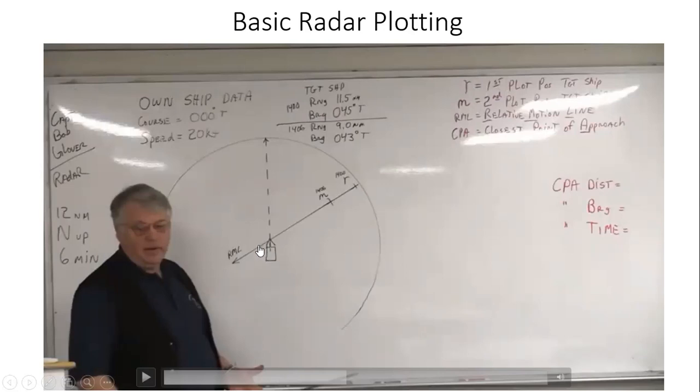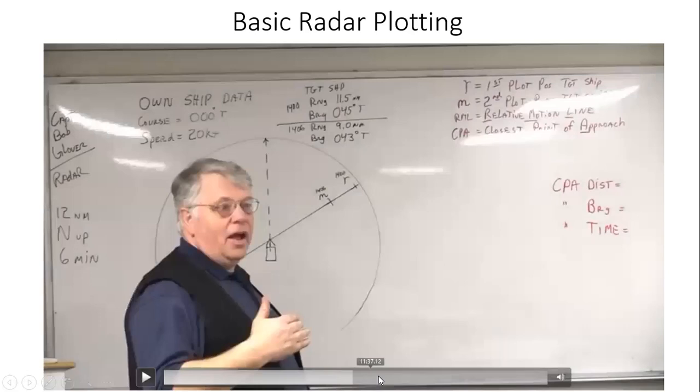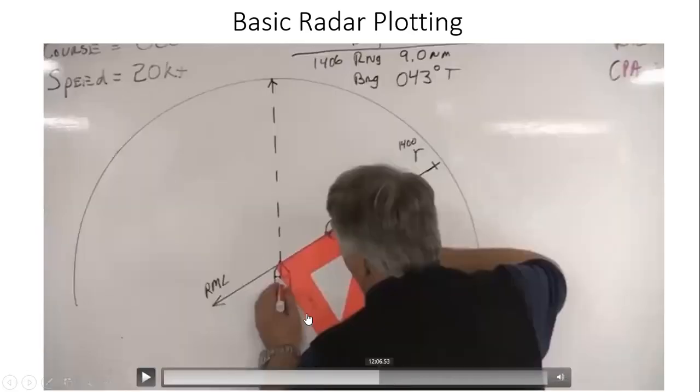Okay, it should be parallel. Much better kung triangle kasi ibibigay niya talaga siya 90 degrees from your relative motion line. It will give you your CPA or the closest point of approach. Masusukat mo yon sa radar transfer plotting sheet. Okay, so kita nyo yung triangles niya, gentlemen and ladies, gumamit siya ng triangle kasi 90 degrees automatic yun. Ginuhitan niya, tapos susukatin na lang niya iyon sa plotting sheet.